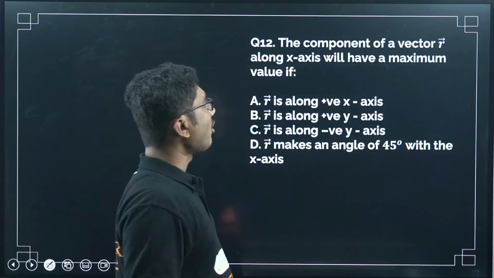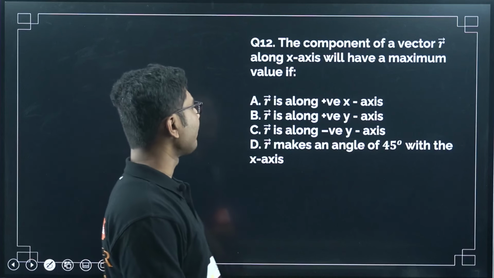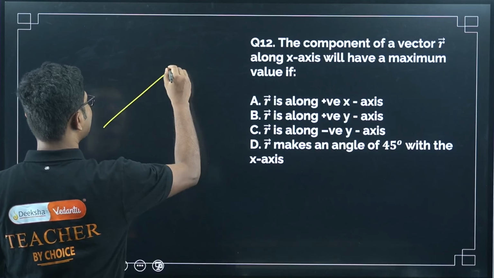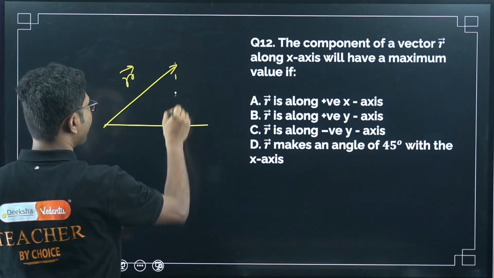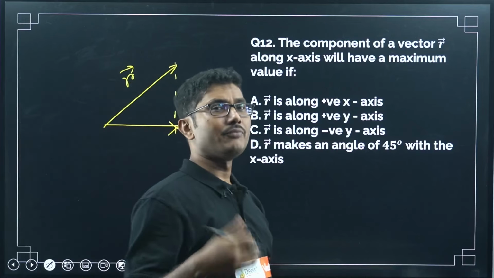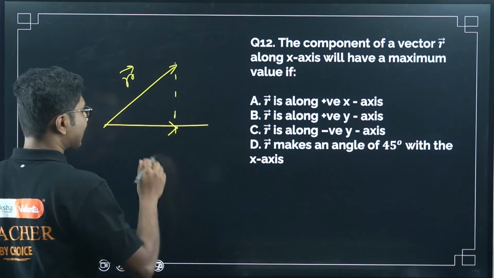The component of vector r along x-axis will have a maximum value if. So suppose there is a vector r, and they said the component will be maximum along x-axis. So x component will be maximum when. There are two ways, one is logical, another one is mathematical.